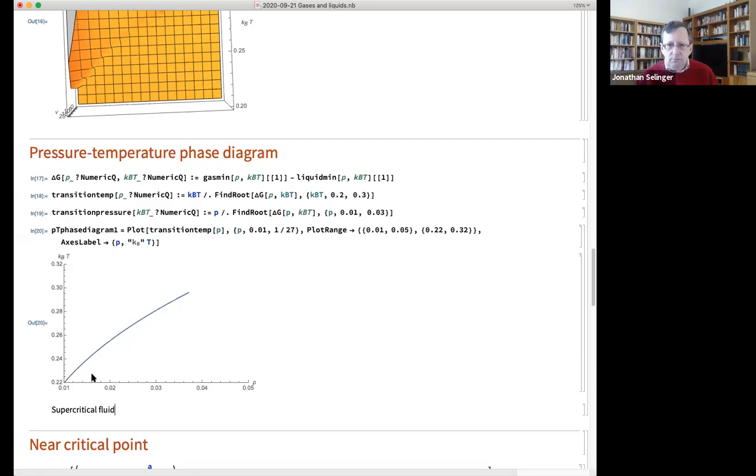But when we add the attraction interactions into the system, then the distance between a molecule and the nearest neighbor decreases discontinuously when the temperature is lower than the critical temperature, right?